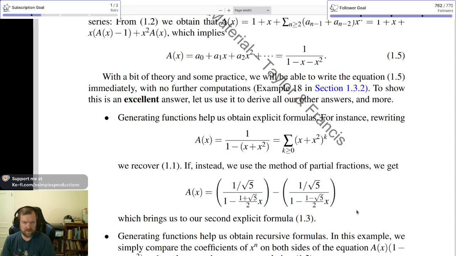Rewriting that, we recover 1.1. If instead we use the method of partial fractions, we get these things all over again, which brings us to our second explicit formula.